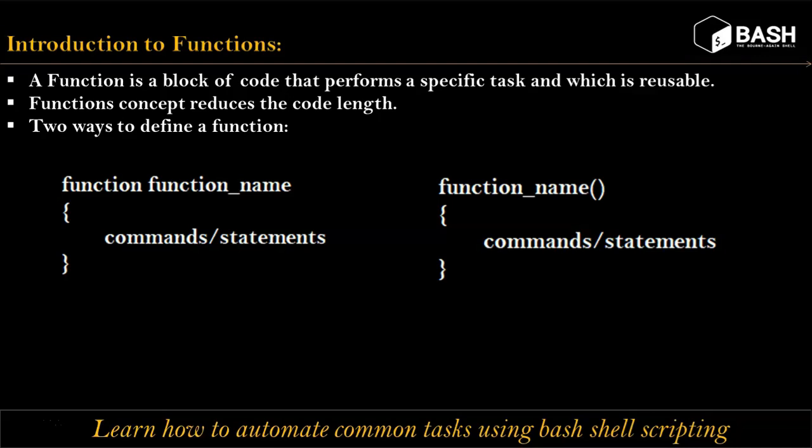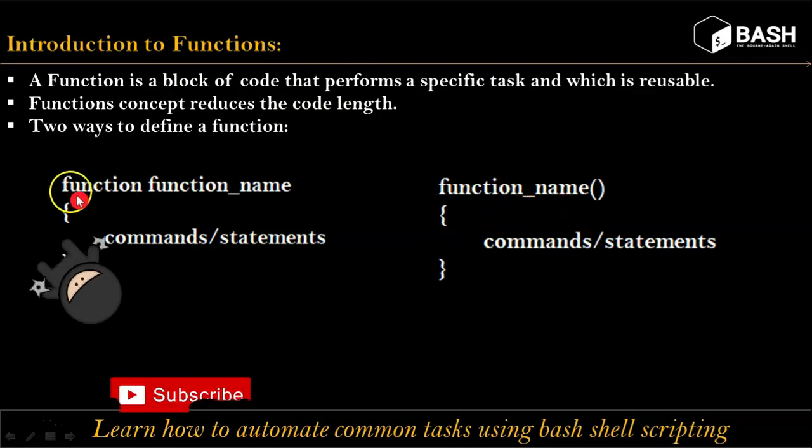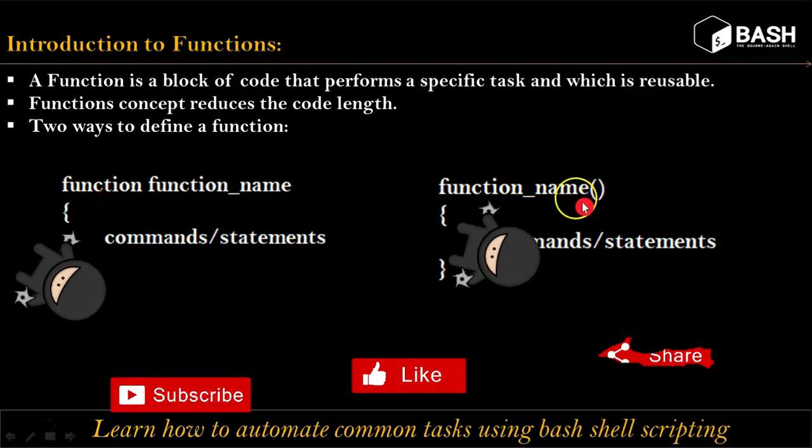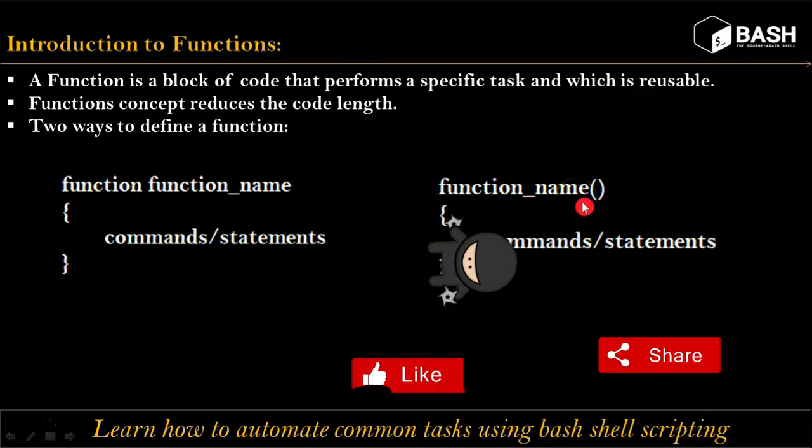The same rule is applicable for your function also. And a variable should not have spaces. The same rule is applicable to define your function name as well. I mean, a function name should not have any spaces. That's it. So in these two syntaxes, you can go with any one of them, but I will go with this one because I am a lazy person. Instead of writing function, I will simply use parentheses. That's it. Okay, thank you.